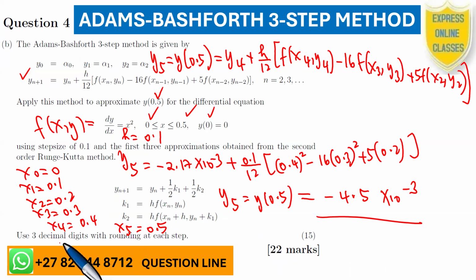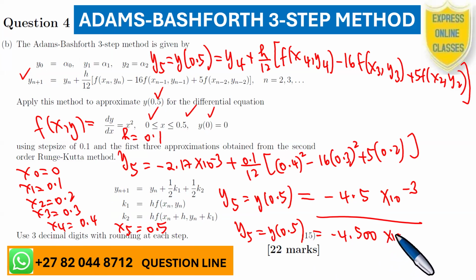In other words, use 3 decimal digits with rounding at each step. Obviously, using 3 decimal digits with rounding at each step is something we actually quite violated. We did not really maintain that, but the 3 decimal digits would be 500, and therefore this will be 3 decimal digits times 10 to the minus 3.